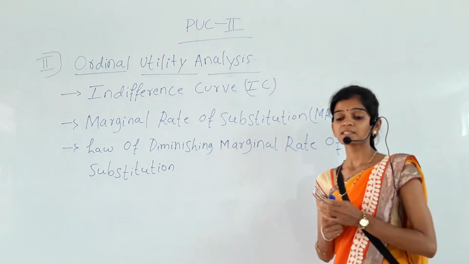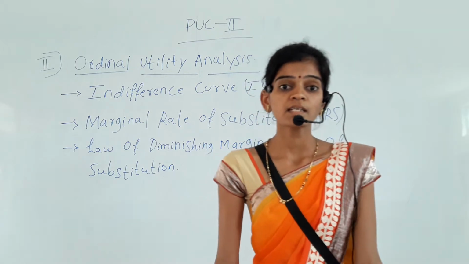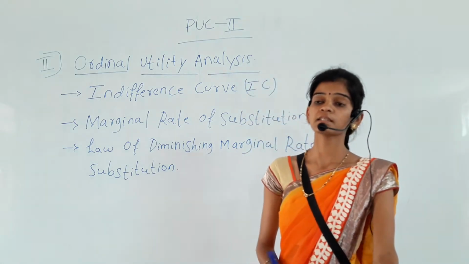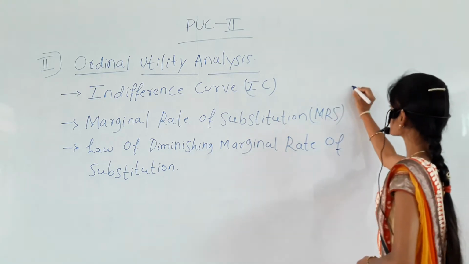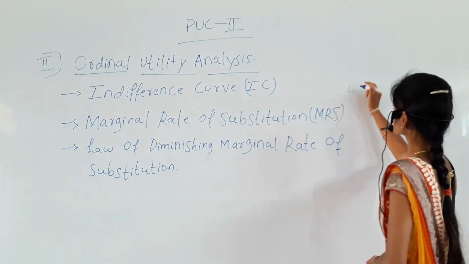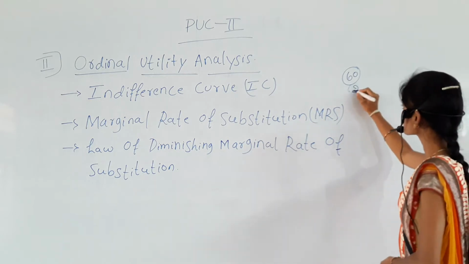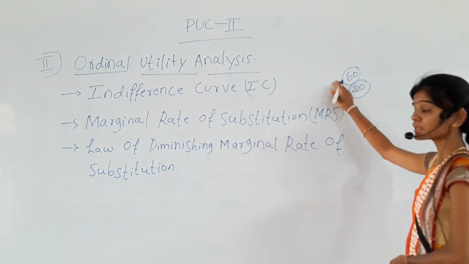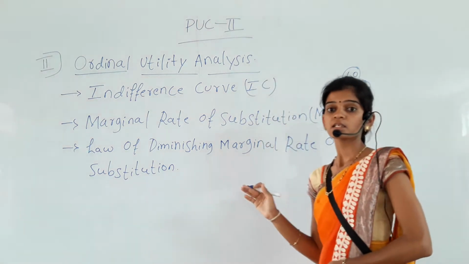For example, I already told that one child is a consumer utilizing, and that child will give 60 units of utility or 20 units of utility. Whatever number we give, that is called the cardinal utility analysis.